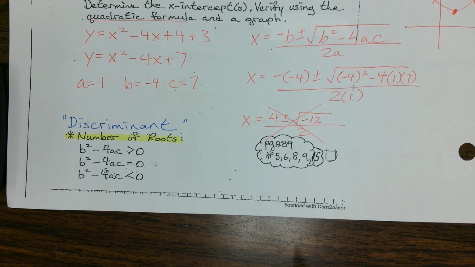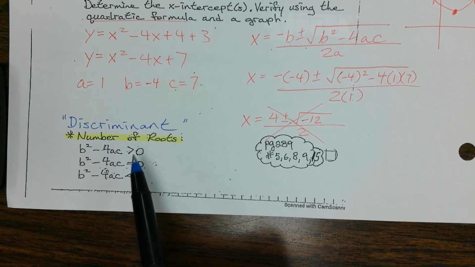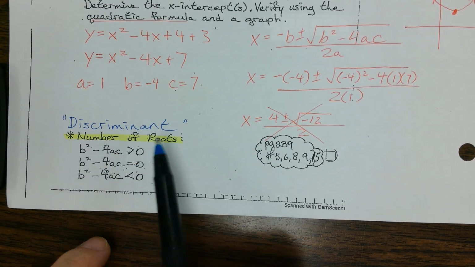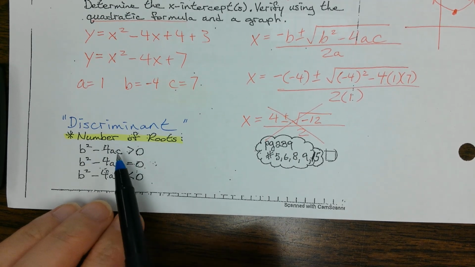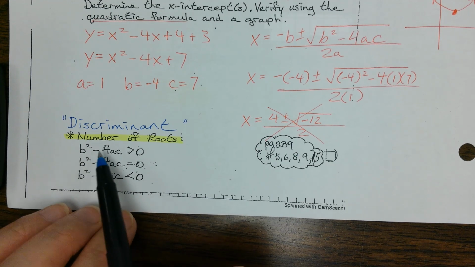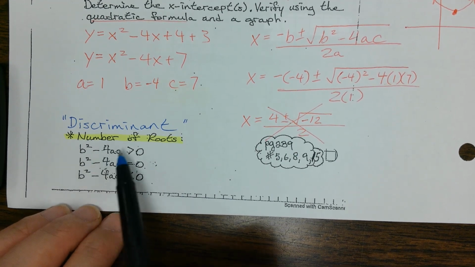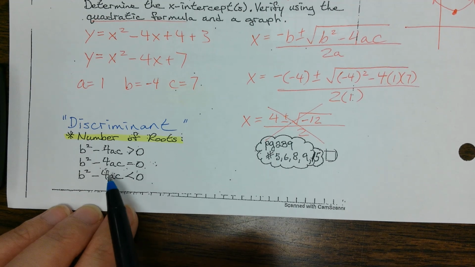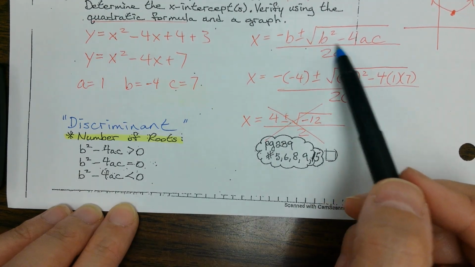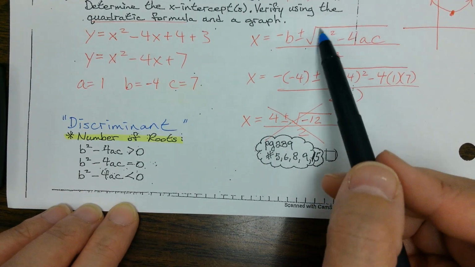Okay. So how we can determine the discriminant is by doing the b squared minus 4ac. Where have we seen this? b squared minus 4ac sounds so familiar. Nikki? Yeah, it's in the quadratic formula, just the square root part.